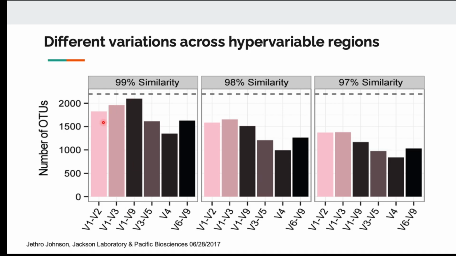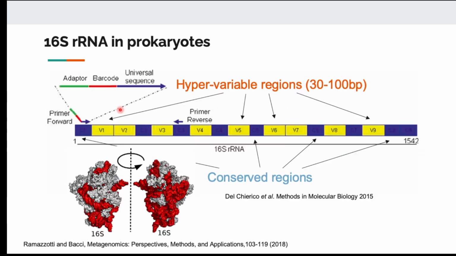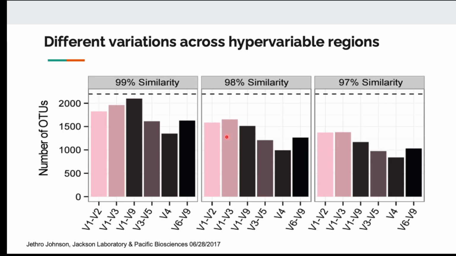But if you have just V1 and V2, or V1 up to V3, even though you are losing more than half of the sequence, you're not losing a lot, maybe less than 10%, less than 5% of the power to distinguish between organisms.